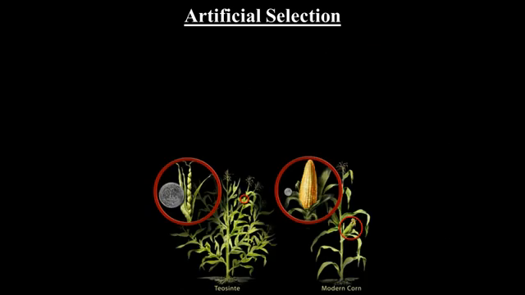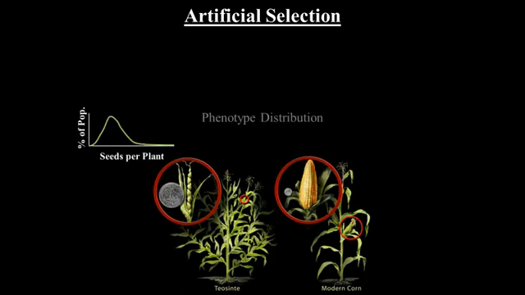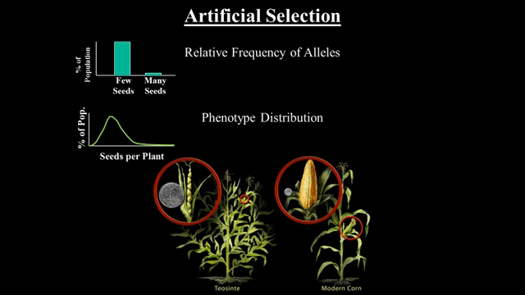Well, how did this happen? Well, it happened by having a wild population that had a relatively few number of seeds per plant. And so our relative frequency of alleles looked something like this. Now, this is a polygenic trait, so all of those alleles look like this.